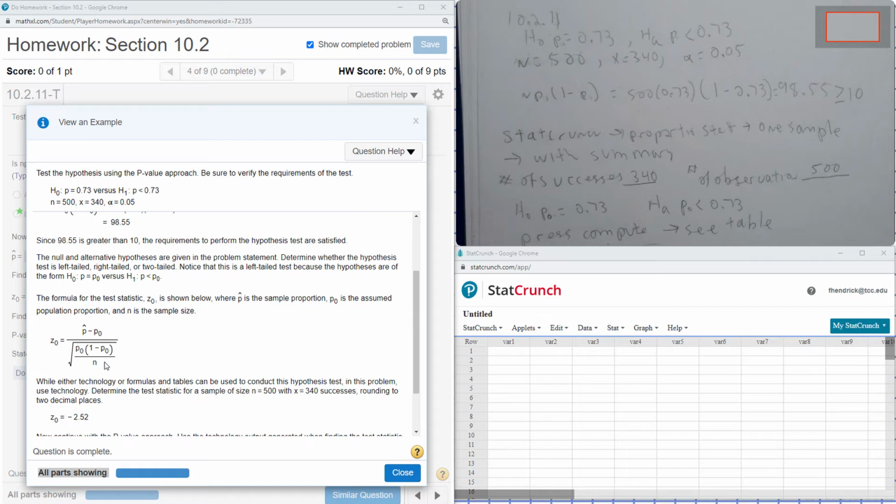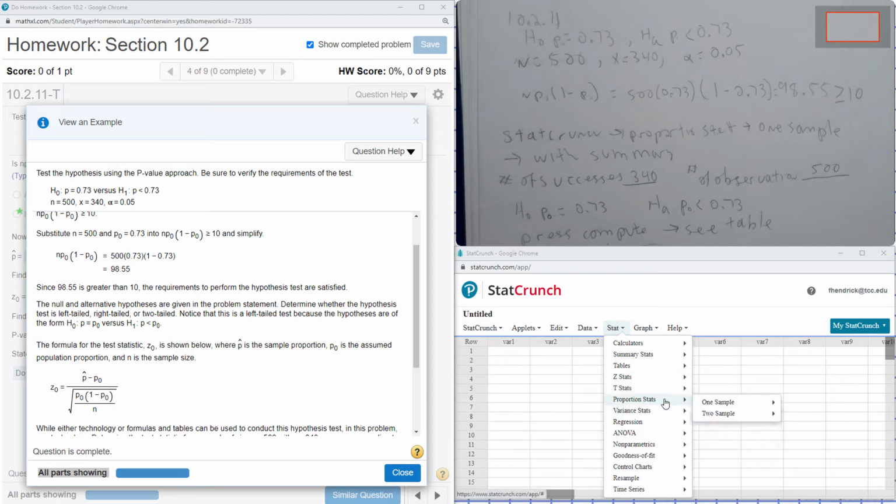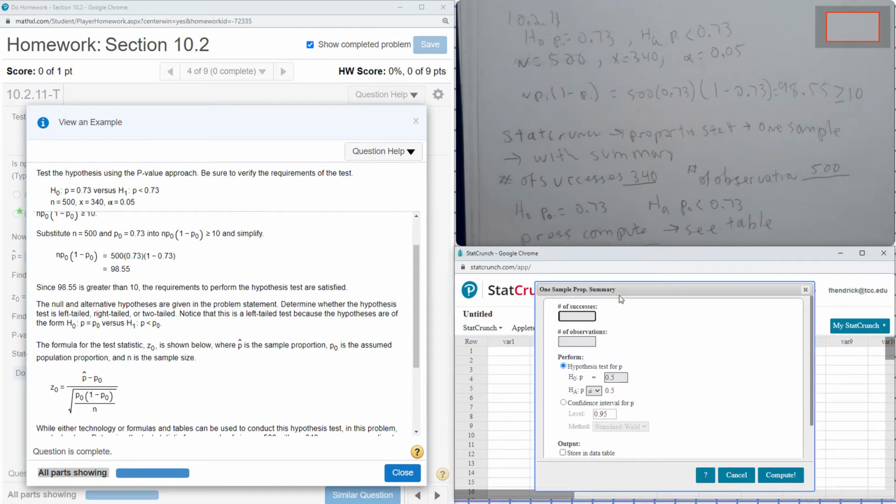So what I did is I used StatCrunch to find the test statistic. Here I open StatCrunch, and I went to proportion stats, and it's one sample. In this case, I don't have data, I have summary. So I put in the number of successes, 340.